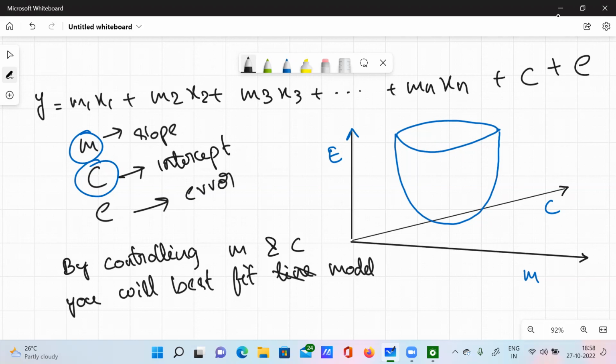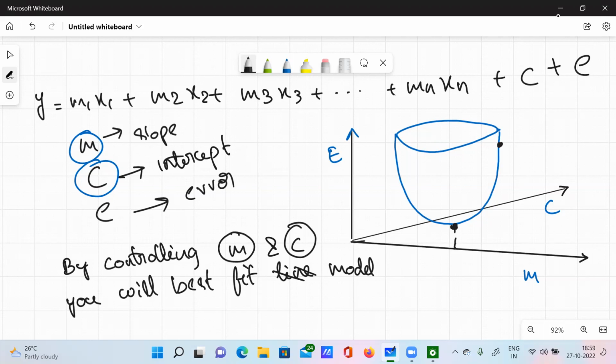Okay, so if you want to have the best fit model, you need to have the best M and the best C, that is the optimal M and optimal C here, right? So initially, our aim is to find the optimum M. Let's imagine this is the optimal M value, and let's say this would be the optimal C value.